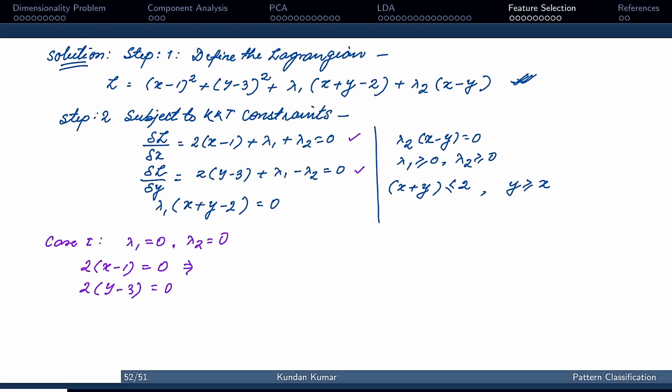So if we solve this, we will obtain x equal to 1 and y equal to 3. So when we compute x plus y, then we will get 4. But here we have one constraint, x plus y is less than or equal to 2. That means it violates the inequality constraint. So it is not a feasible solution.